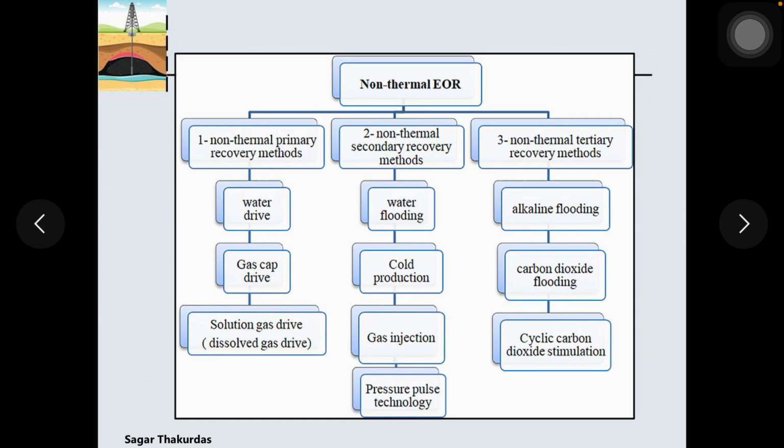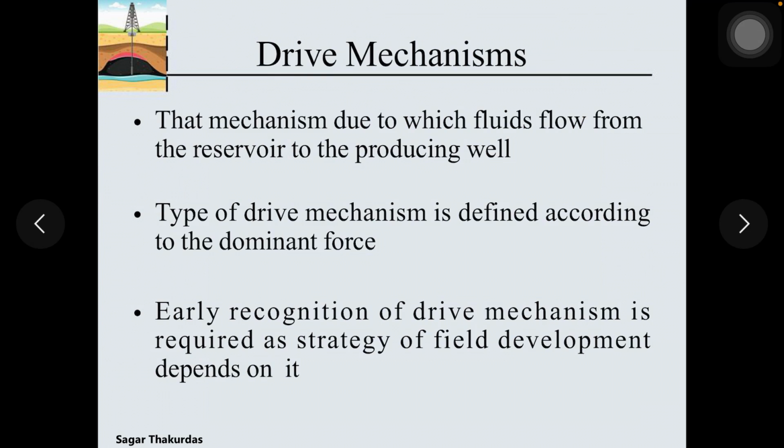So this is the flow chart of different recovery mechanisms which are utilized in the production of oil and gas. There are various flow charts that we will see later on. So drive mechanisms, as I told you previously, these mechanisms are the ones due to which the fluid flows from the reservoir towards the wellbore, and type of drive mechanism is based on the dominant force of energy.